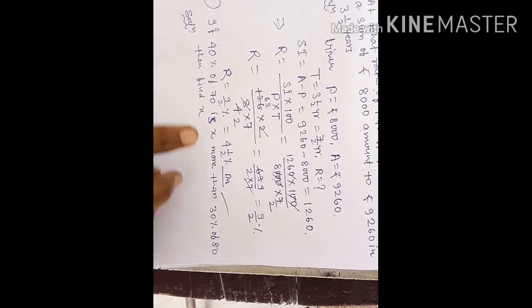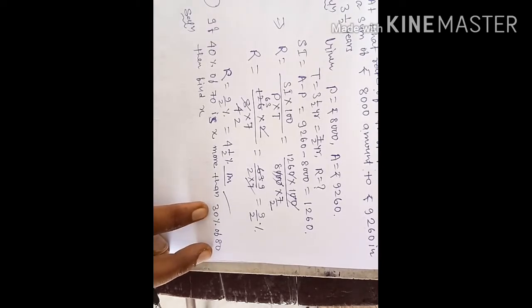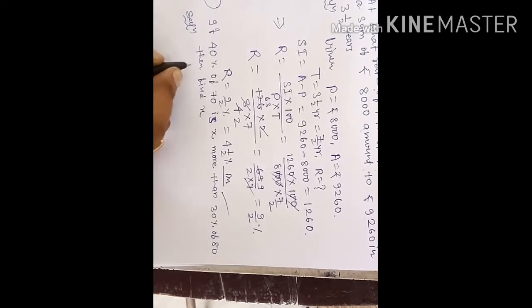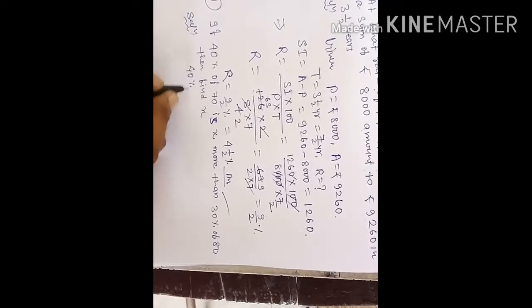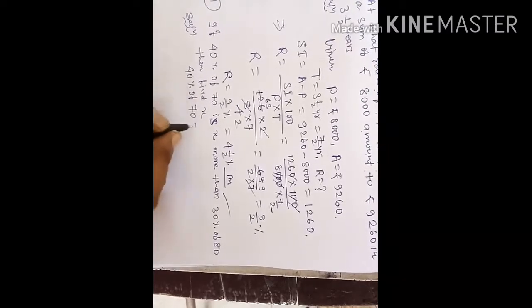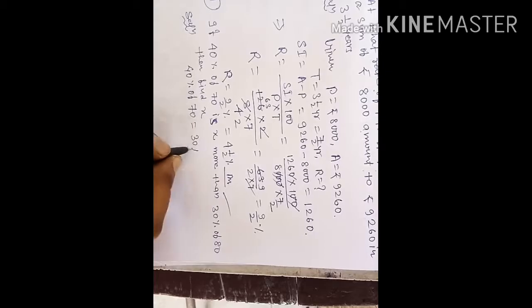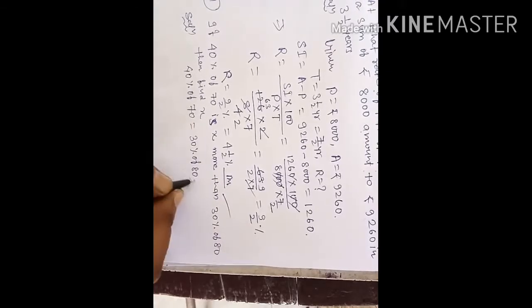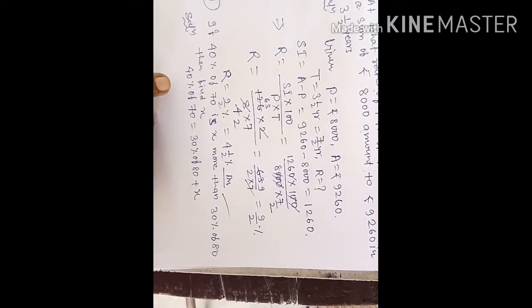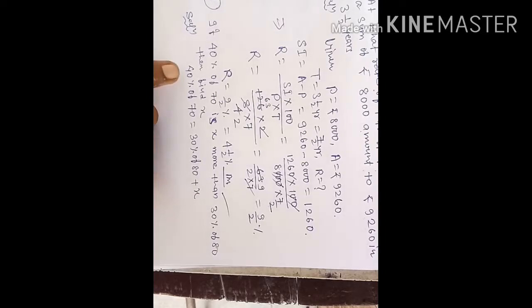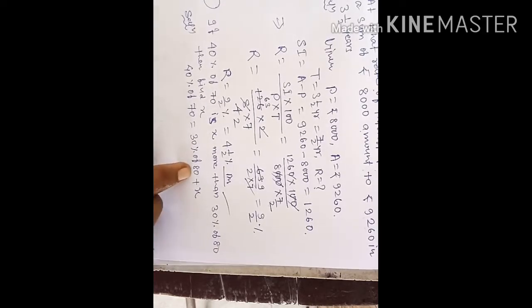So we add x in the smaller part. So we write 40% of 70 is equal to 30% of 80 plus x, because in the question it is given that 40% of 70 is x more than the 30% of 80.